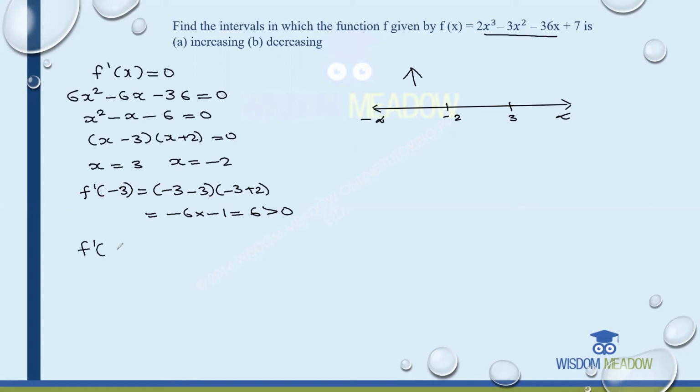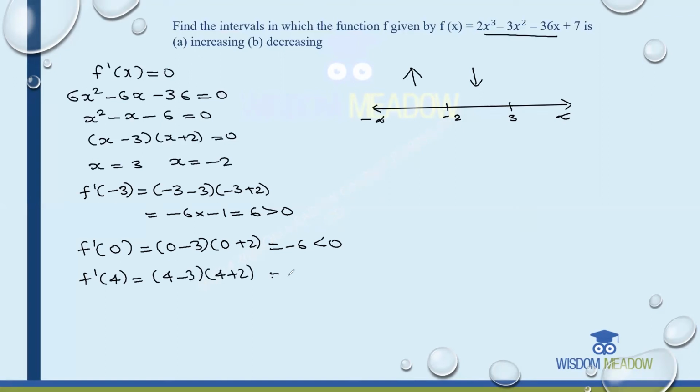Now, f dash of a point from this interval, 0 is a better option. So 0 minus 3 into 0 plus 2. That's going to be minus 6. That's less than 0. So it's decreasing. Now, from that interval, f dash of 4, it's going to be 4 minus 3 into 4 plus 2.